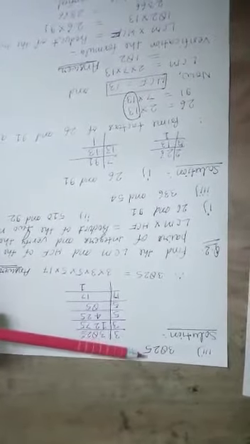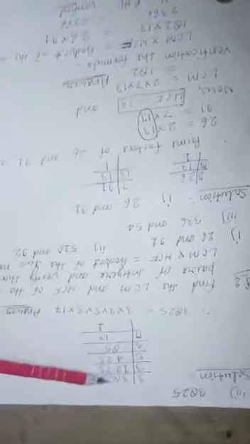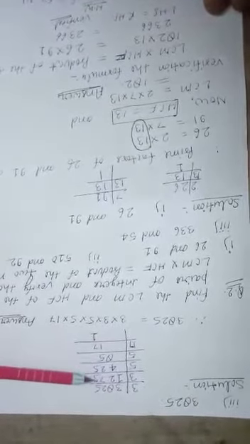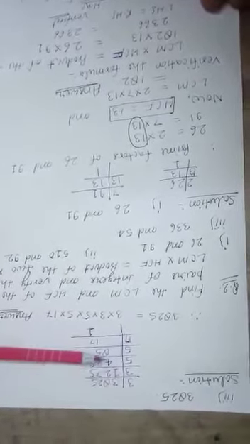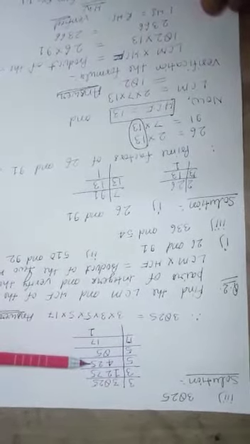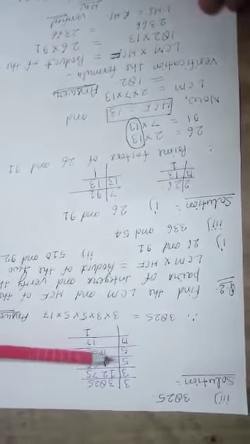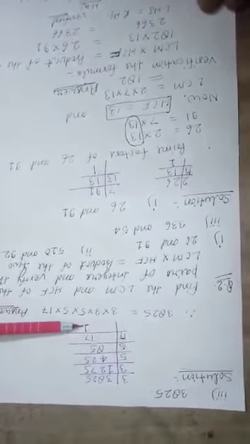Third part is 3825. The solution: 3825 divided by 3 equals 1275. 1275 divided by 3 equals 425. 425 divided by 5 equals 85. 85 divided by 5 equals 17. 17 divided by 17 equals 1.